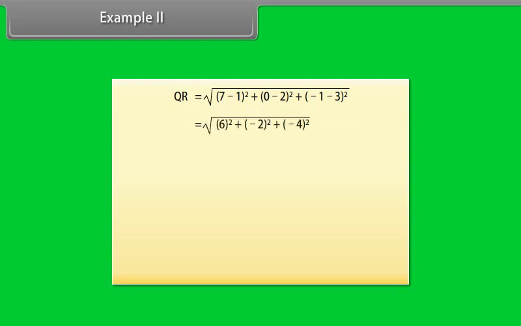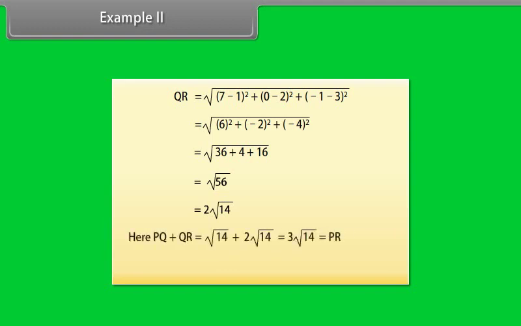After calculating QR, we get 2 into square root of 14. Here, PQ + QR = square root 14 + 2 into square root 14 = 3 into square root 14 = PR. Hence, the points (-2, 3, 5), (1, 2, 3) and (7, 0, -1) are collinear.